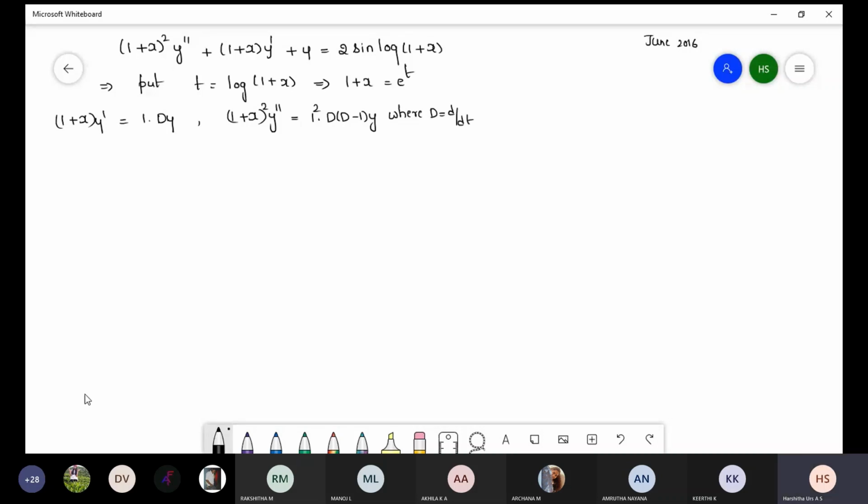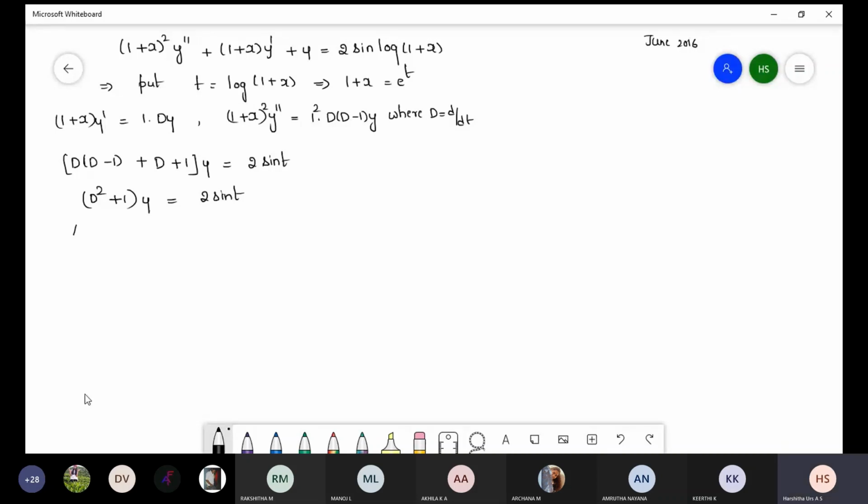Next, substitute this in the above equation. So D(D minus 1) plus D plus 1 whole into y is equal to 2 sin, instead of log of (1+x), I will write t. So D square plus 1, again plus D minus D will get cancelled. So we get (D square plus 1) into y is equal to 2 sin t.